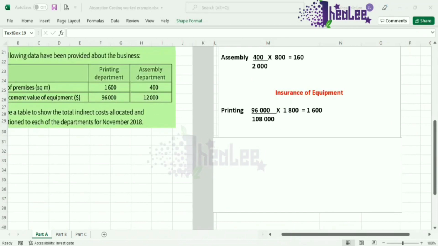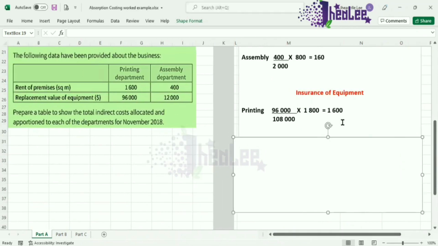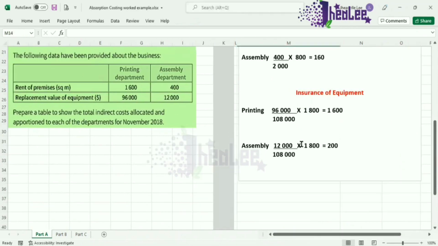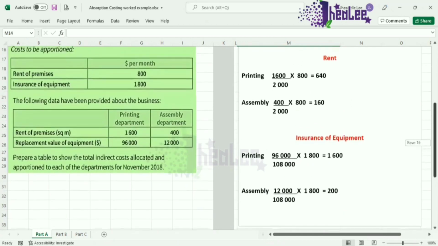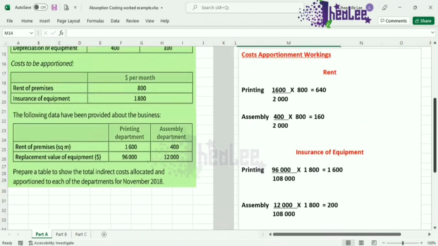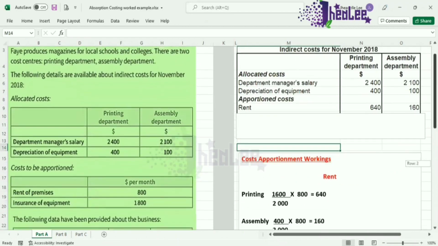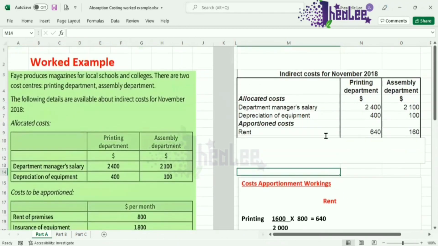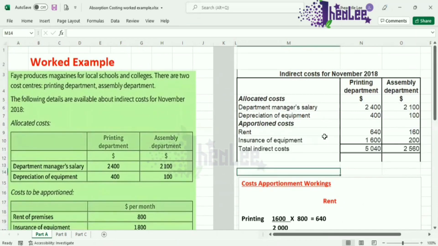And in terms of the assembly department, people, it is the amount of 12,000 divided by the total of 108,000 multiplied by the insurance value for the month of 1,800. And we're seeing that the amount that should be apportioned to the assembly department is $200 based on calculation. So let us look at our table where we are calculating the indirect cost for the month of November.